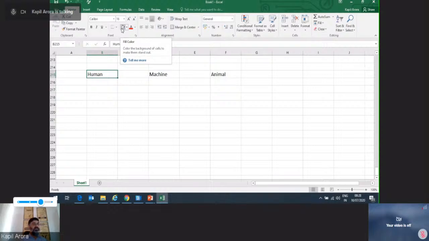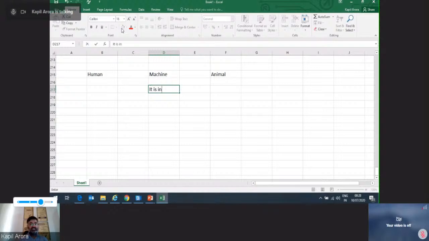Basically, if we talk about a machine, it is in the company's control. Control means if the company wants it to produce 100 units, it can produce 100 units. If the company wants 1,000 units, depending on the capacity and everything, it can produce 1,000 units also.